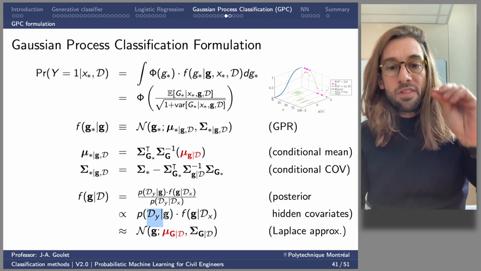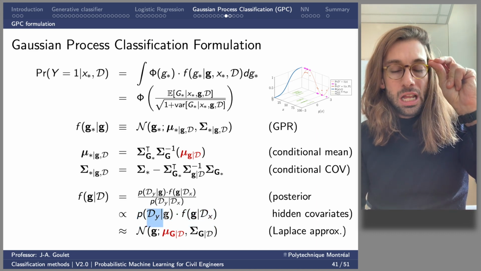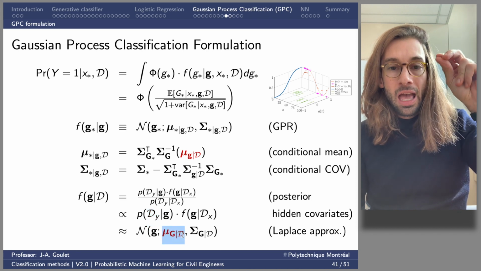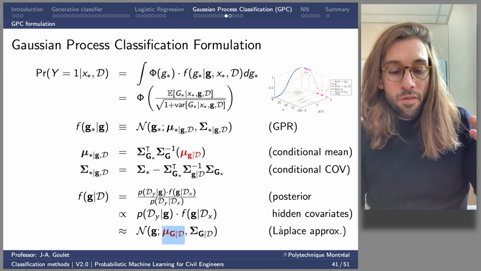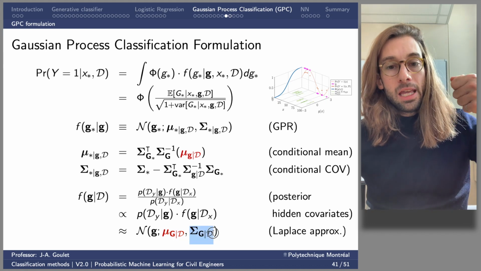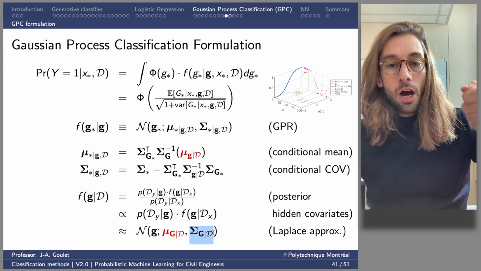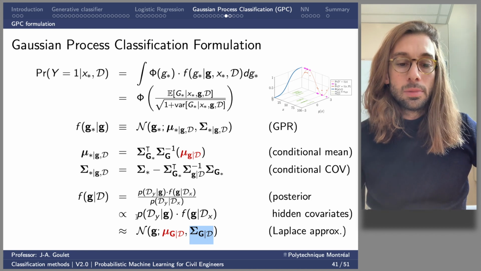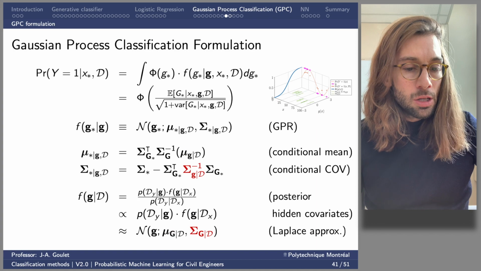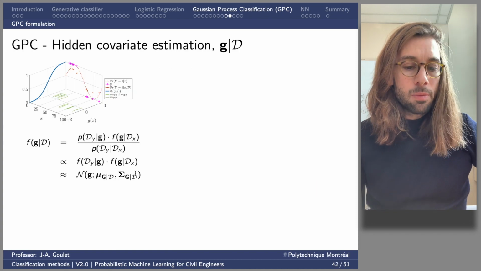Then, once I find the values mu g that maximize that log likelihood, I'm going to use the Laplace approximation to estimate that covariance by taking the inverse of the Hessian of the negative log likelihood defined by this product, okay?